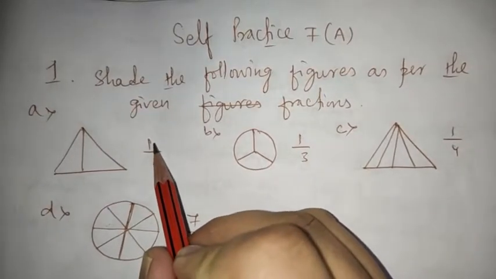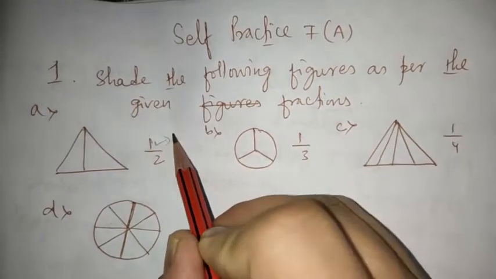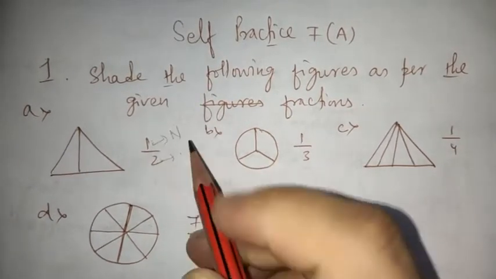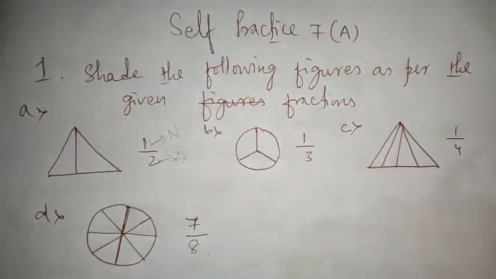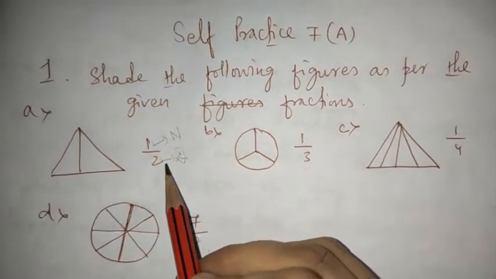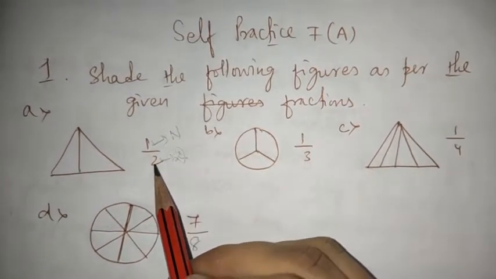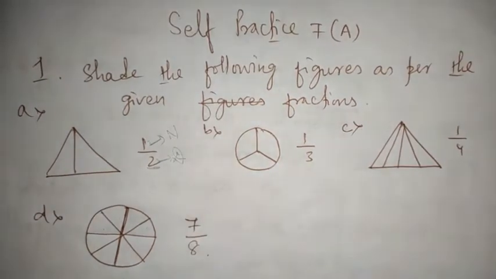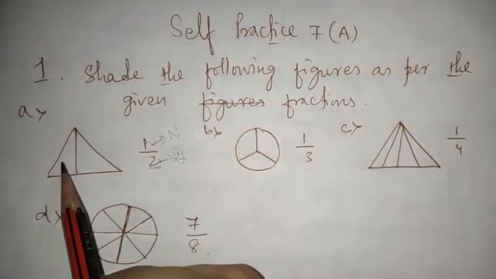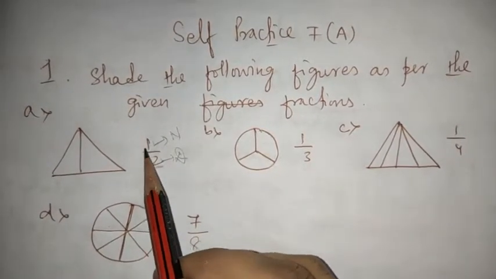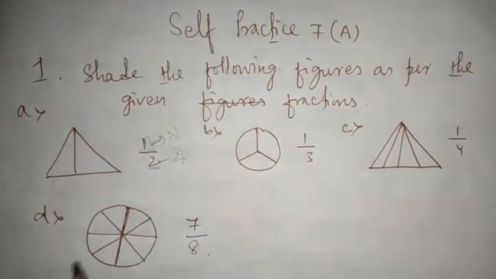You all know, I guess till now, the upper part is known as the numerator, and below the numerator there is a name called denominator. The above part is numerator and the below part is denominator. So denominator indicates how many parts are there. That is, 2 means 2 parts are there. Out of this 2 you have to shade only the numerator part, that is over here it is 1.